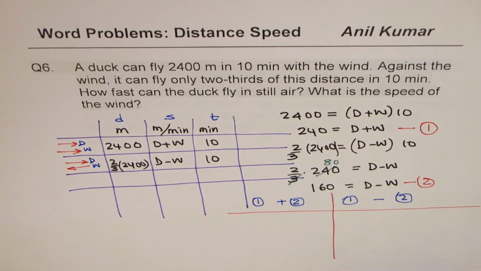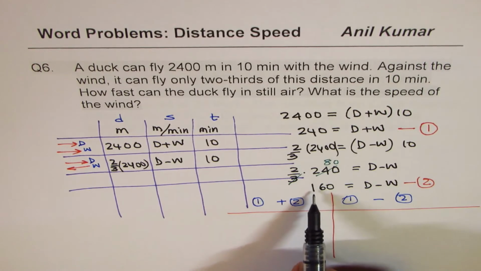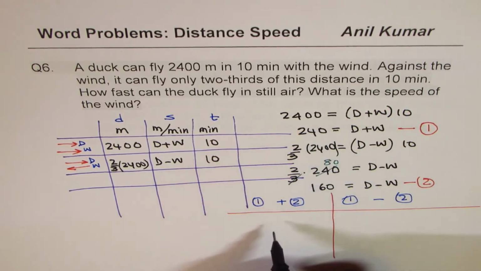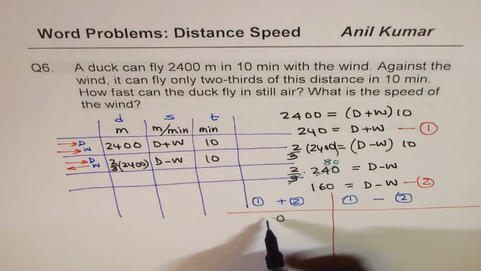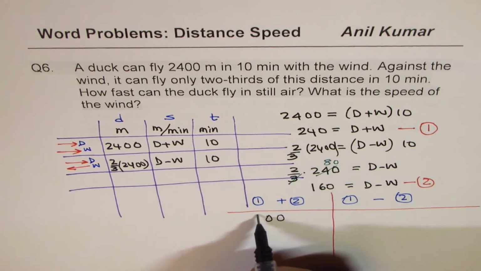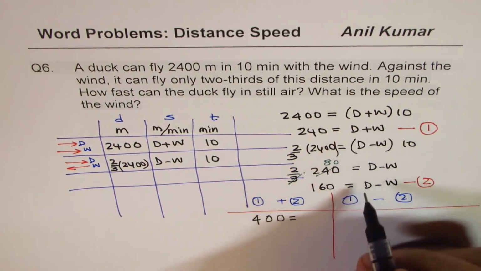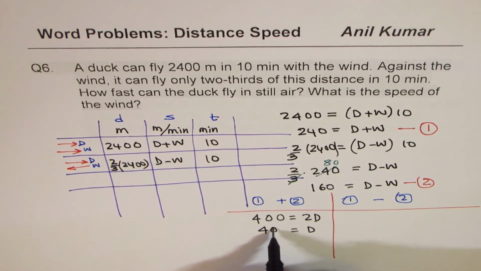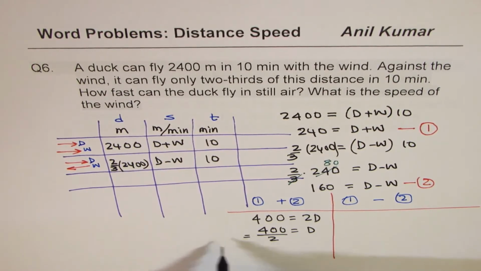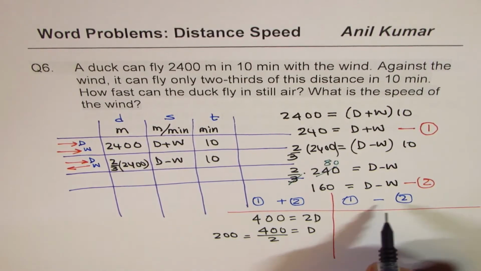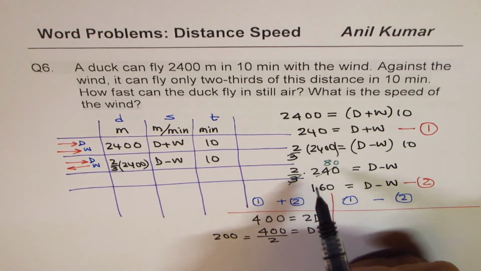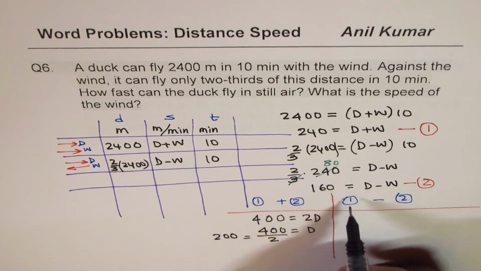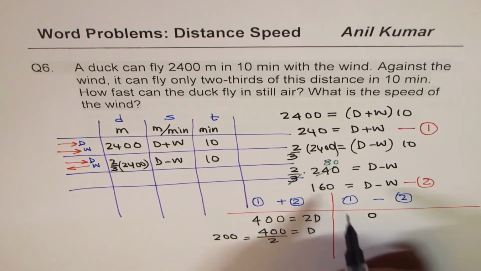So if I add them up, I get 240 plus 160, 400 equals twice d, or d is 400 divided by 2, which is 200. Is that okay? On the other hand, if I take away 240, take away 160 is 0, take away 0 is 0.